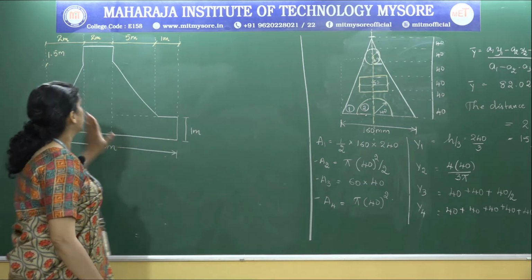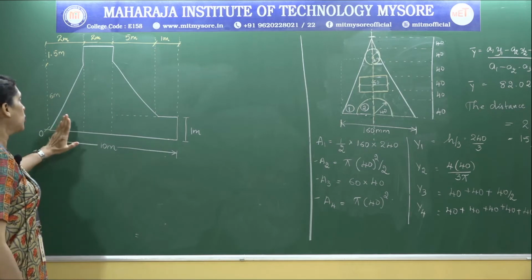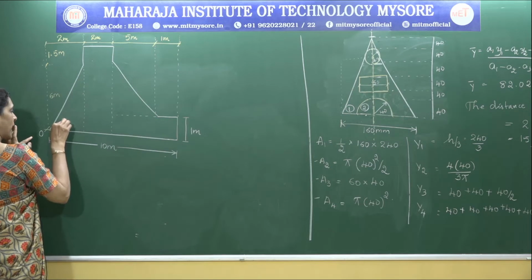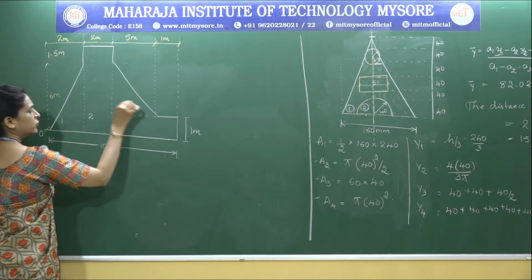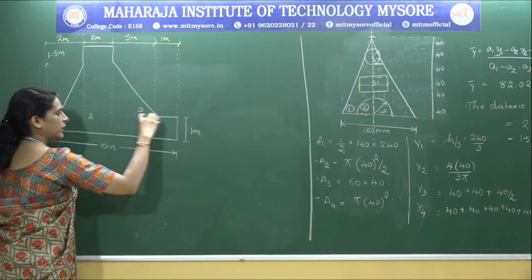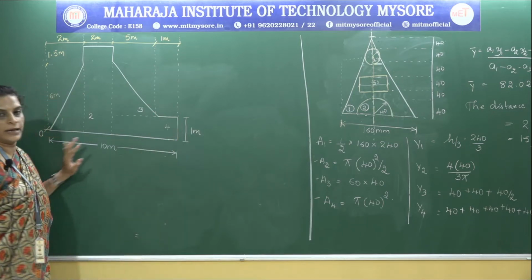So now this is the given area. It is divided into one triangle, two rectangle, three triangle, that is a right angle triangle again. Again it is divided into a rectangle.